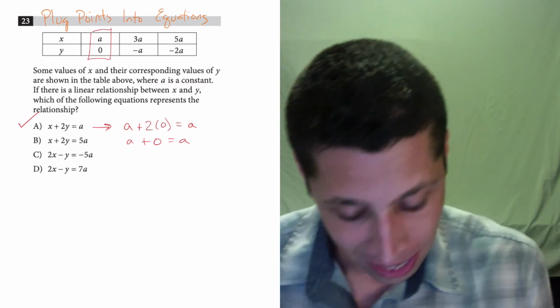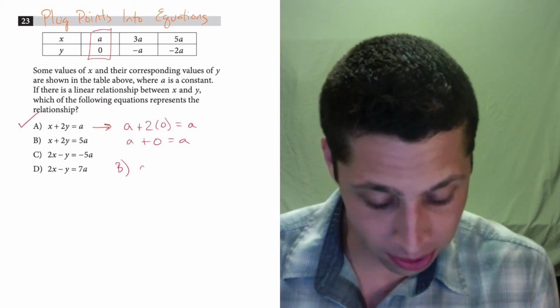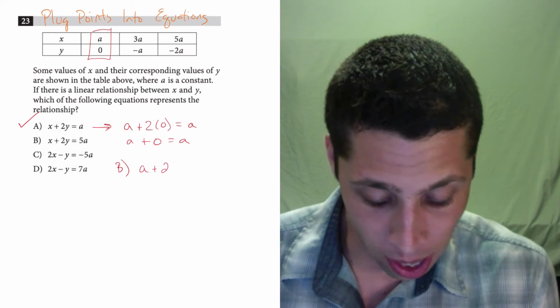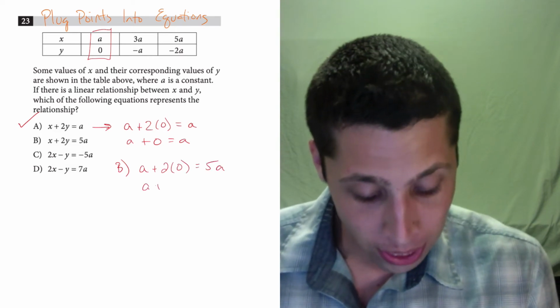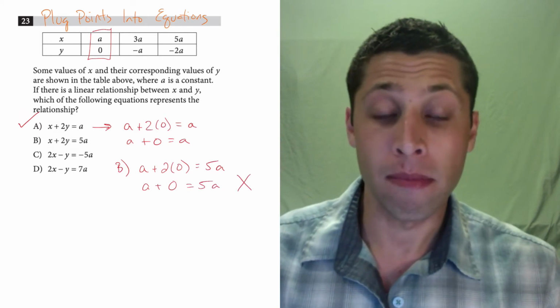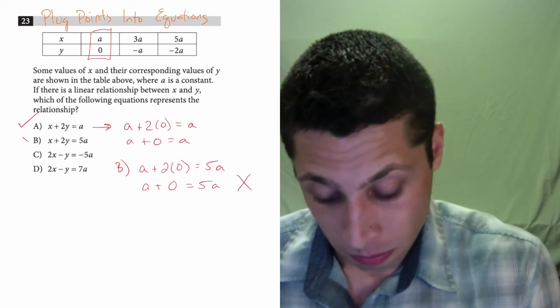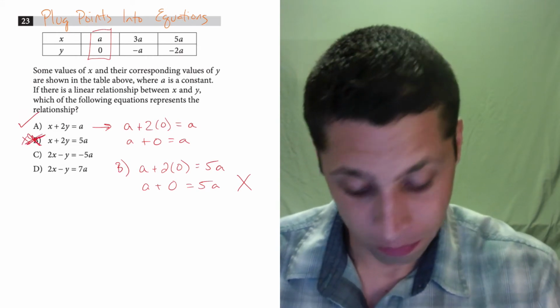Let's see. So let's try choice B. I'll write it out here. So X is still A and Y is still 0. Well, this isn't true, right? A plus 0 is not going to equal 5A. That doesn't make any sense algebraically. So that gets rid of this choice. Actually, let's just cross it out like that. So that's no good.